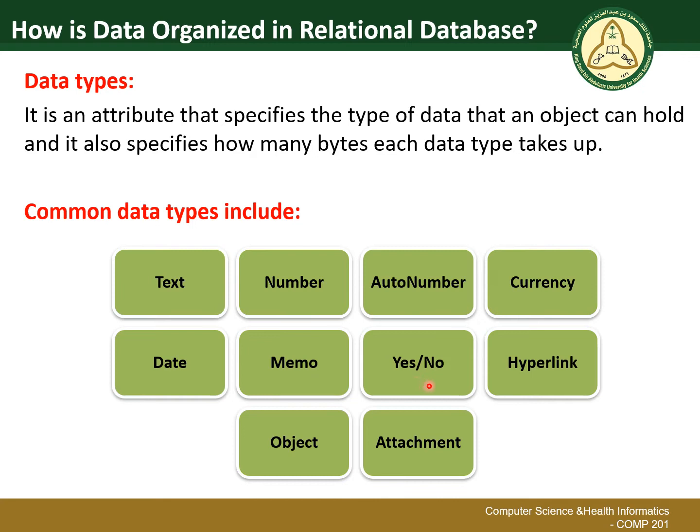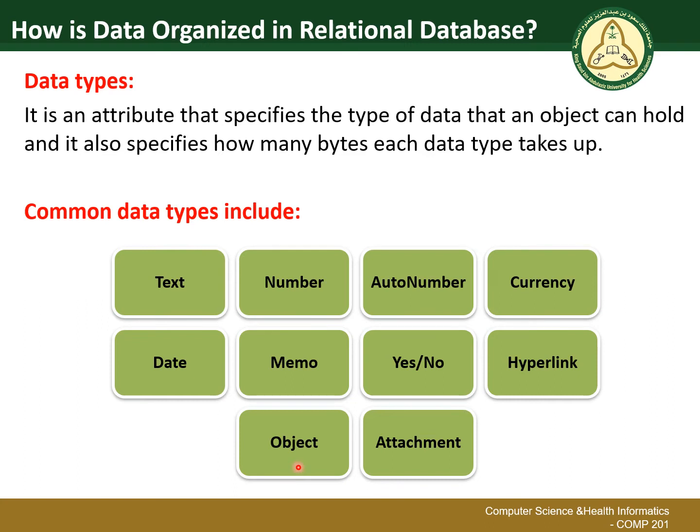Yes or no will take yes and no values, for fields that contain only one of two values, such as yes or no, true or false, on or off. Hyperlink is text or combinations of text and numbers stored as text and used as a hyperlink address, so it can be used to store a website address or email.